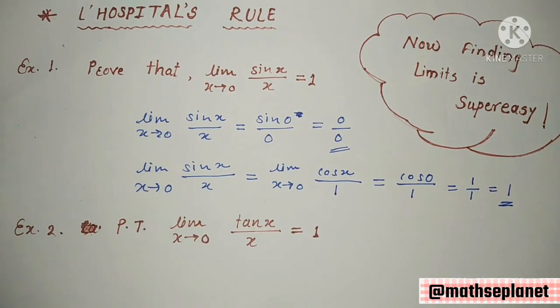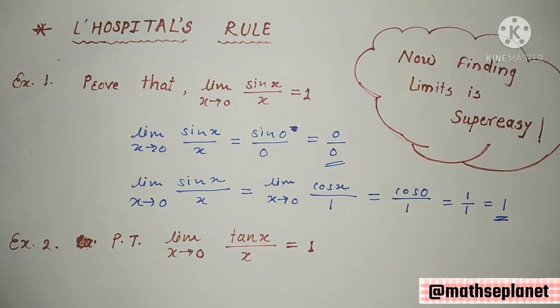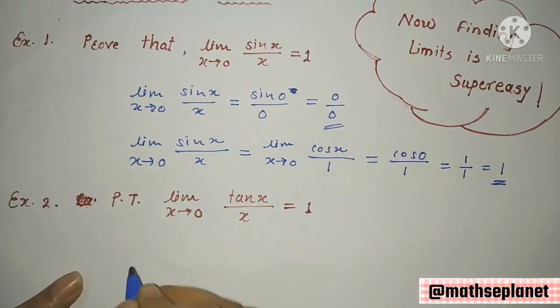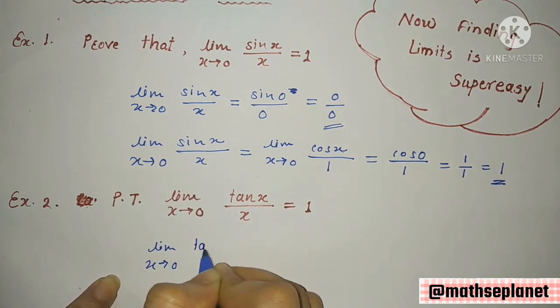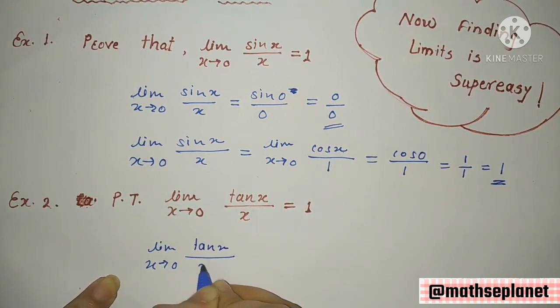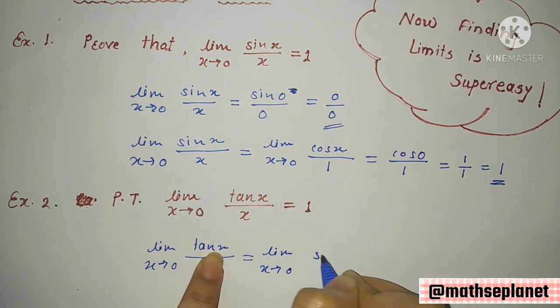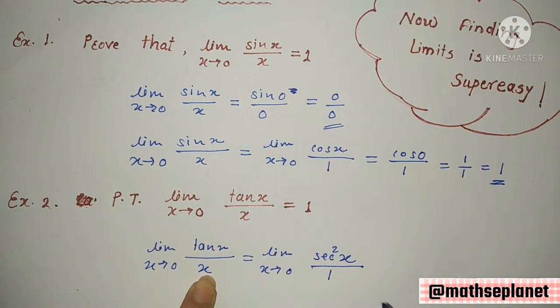Similarly, we can prove that limit x tends to 0 tan x upon x is also 1. Here also we are getting 0 by 0 form, tan 0 is 0 and x is equal to 0, so 0 divided by 0. So now we have to take the derivative. Limit x tends to 0 tan x upon x is equal to limit x tends to 0, derivative of tan x, which is sec square x, divided by derivative of x, which is 1.